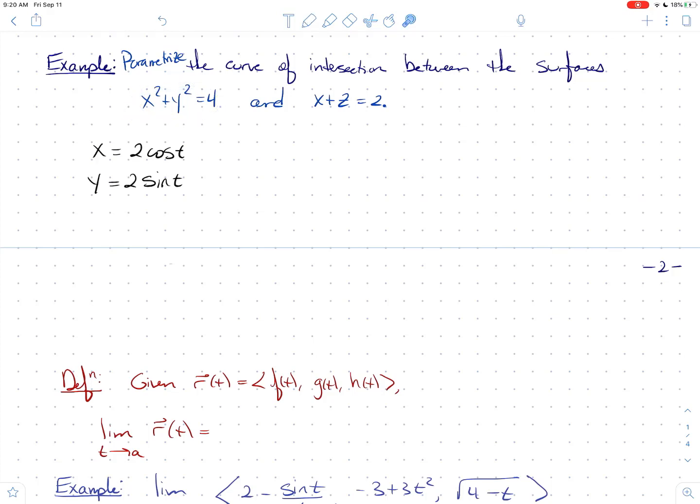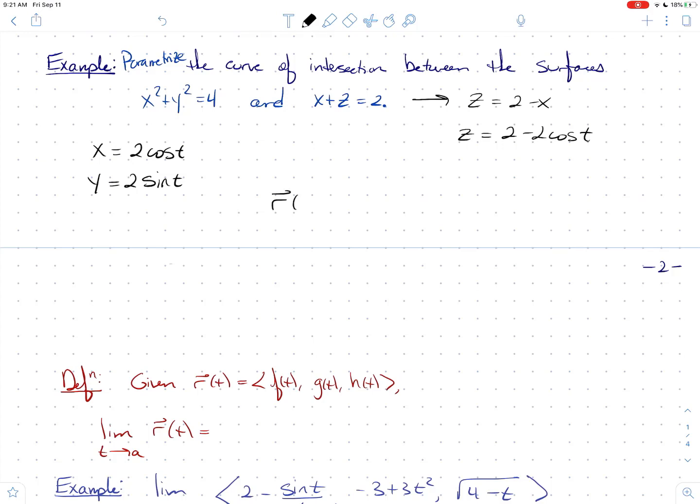If I'm going to live on this cylinder and parameterize this, x needs to be 2 cosine t, y needs to be 2 sine t. Now, the fact that I can solve for z is huge. z equals 2 minus x, and so that means z equals 2 minus 2 cosine t, and all of a sudden I've got my parameterization.